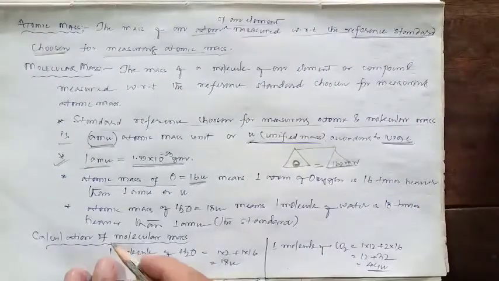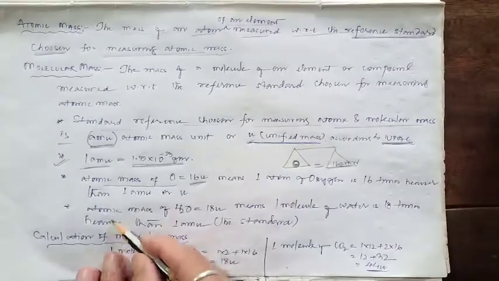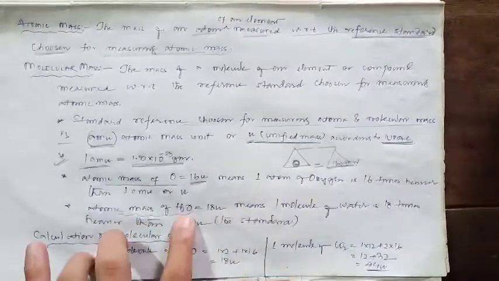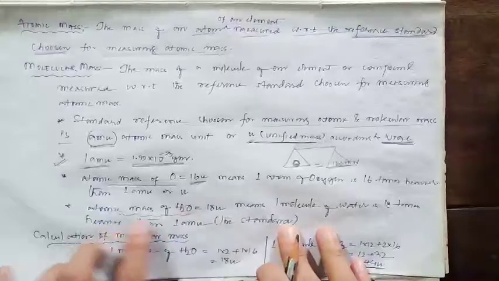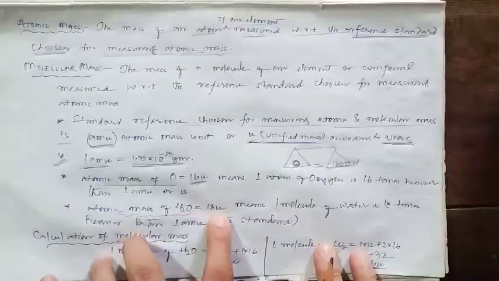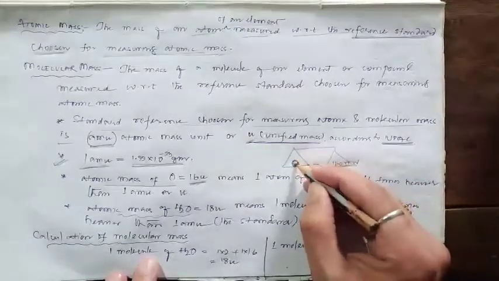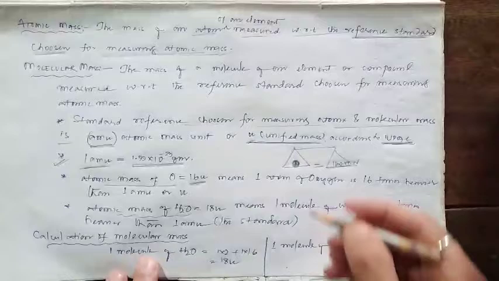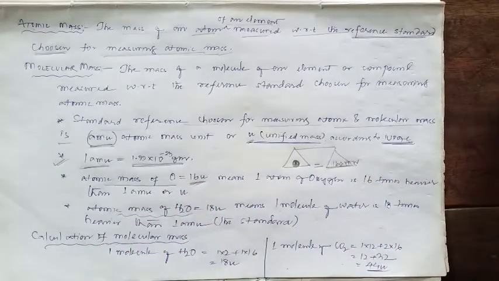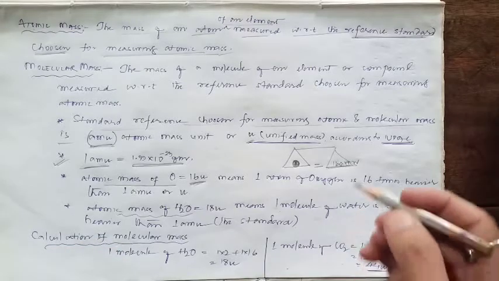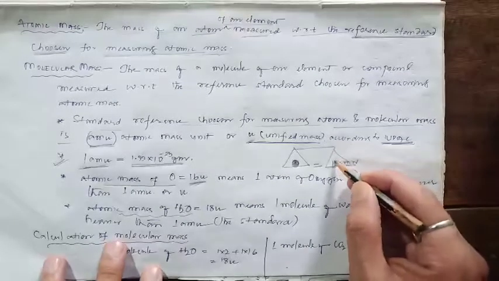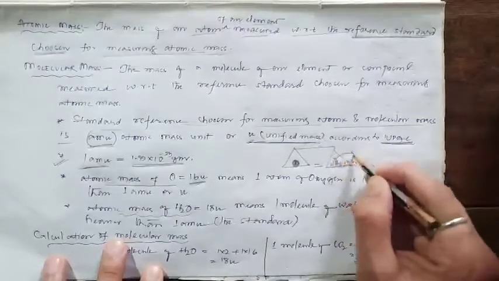Same in case of a compound, molecular masses. Suppose I have a molecule of water, H2O. Molecular mass of water is 18 unit. It means if I pick one molecule of water and put it on this pan of the balance, now to keep the two pans balanced, I have to put 18 units, 18 AMU on this side of the balance.